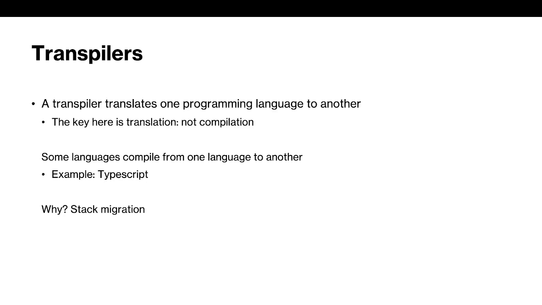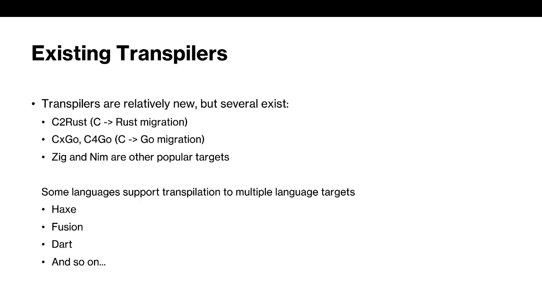But this is not the only source of it. A huge reason for transcompilation is stack migration, which is where we move a software stack from COBOL or Fortran into a newer language that's better supported on modern software stacks and known by more people.